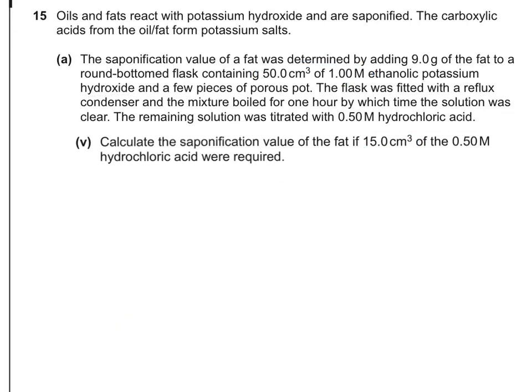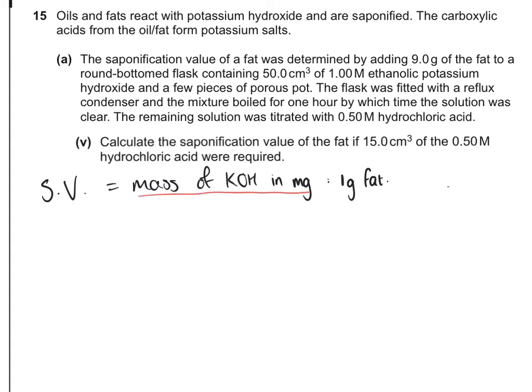To continue this calculation, I need to think of the definition of saponification value: the mass of potassium hydroxide in milligrams required to completely hydrolyze 1 gram of fat. I've got the number of moles of potassium hydroxide, but I need the mass.